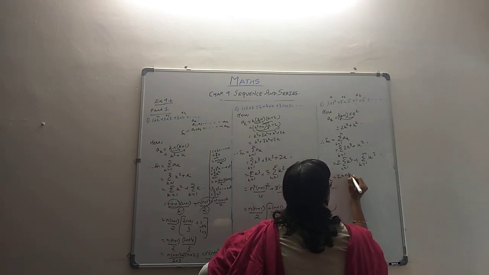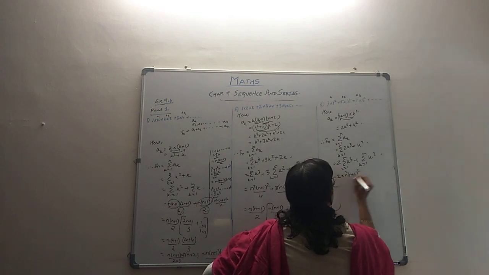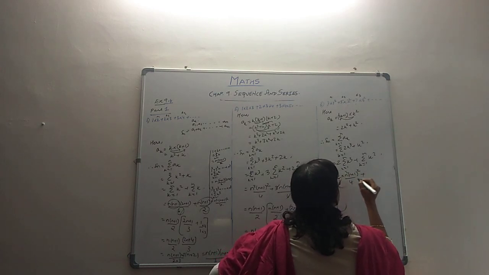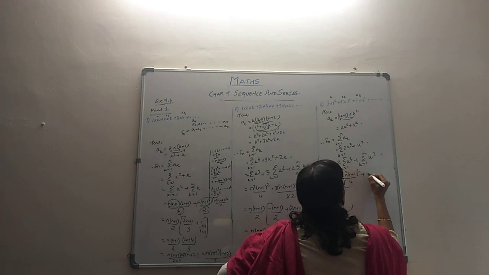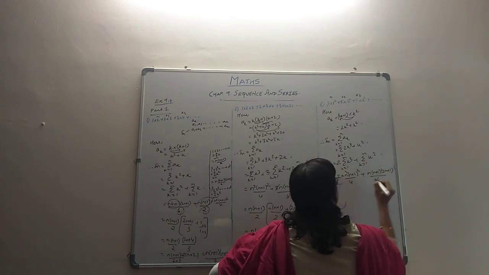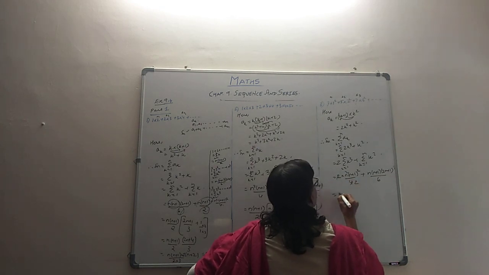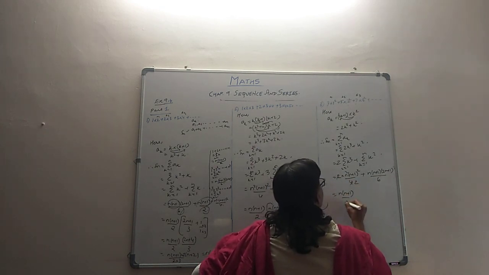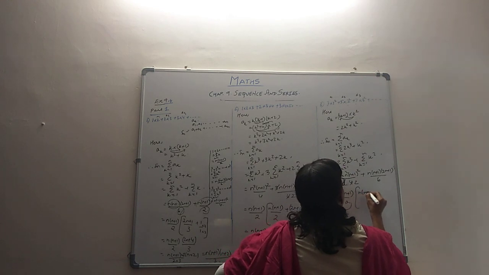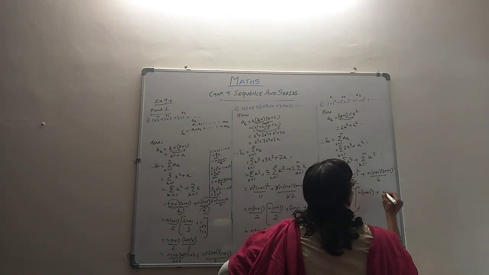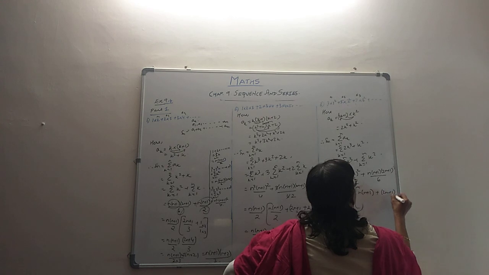It is n into n plus 1 the whole squared by 4, and this is n into n plus 1 into 2n plus 1 by 6. So that's just 2. So we are taking n into n plus 1 by 2 common. So here we are left with n into n plus 1, and here we are having 2n plus 1 by 3 left.